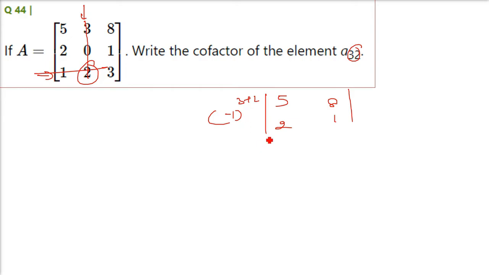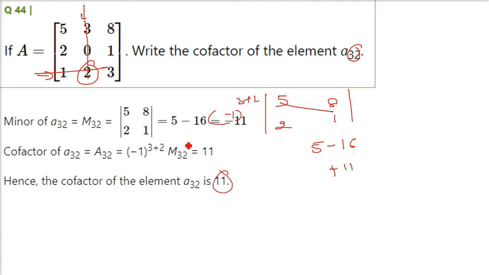So this is odd power. 5 minus 8 to the 16. It will be minus 11, and there is already minus here because minus 1 to the power 3 plus 2 is minus. So it will be 11. Minor is cofactor without sign. Cofactor is minor with sign, right? So negative we multiplied just because minus 1 to the power 3 plus 2.